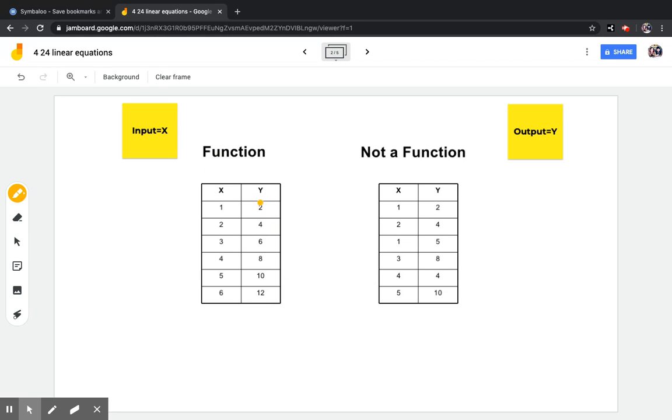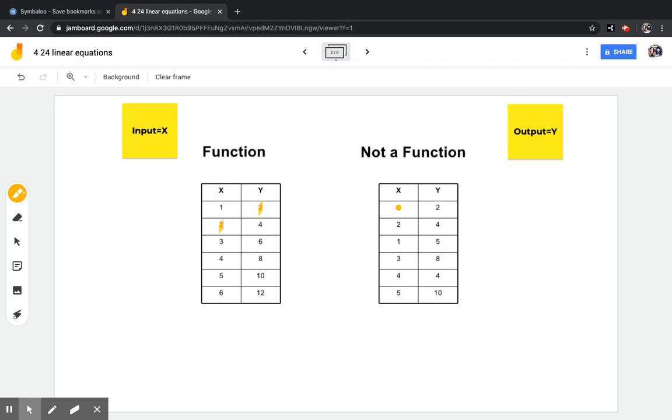Now you can ignore the fact that the y and the x have the same number. They both share 2, they both share 4, they both share 6. But that doesn't really matter because this one's your input, this one's your output. So they're different lines, they're different columns. But this one is not a function because there are repeats in specifically your input and in specifically your output.